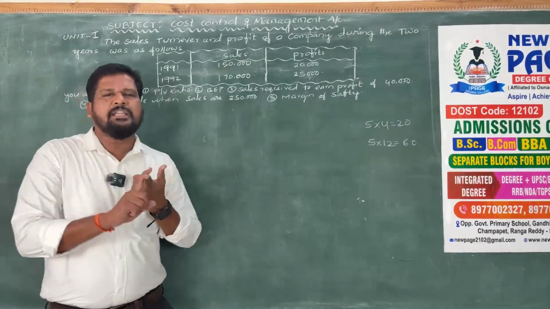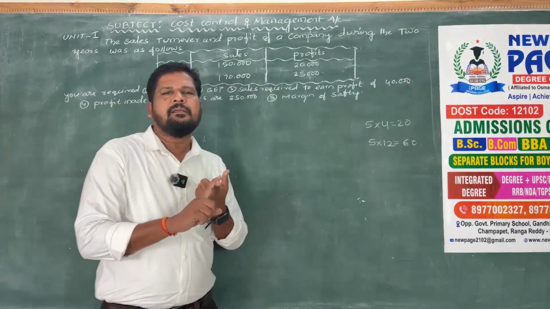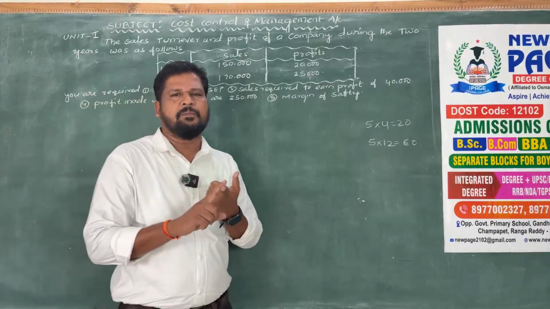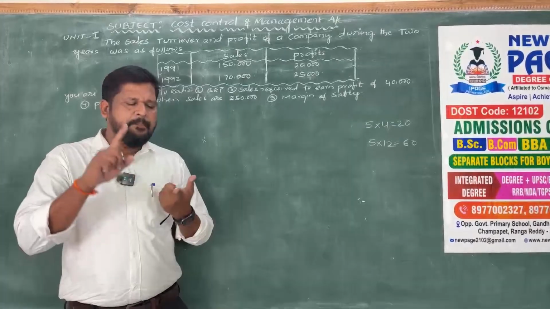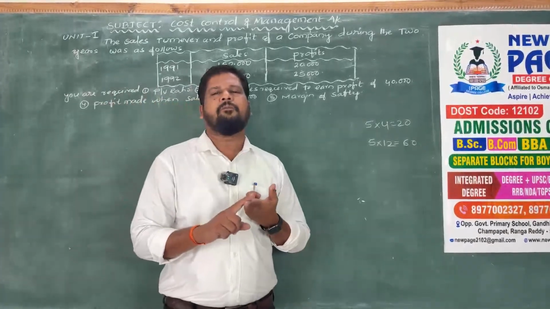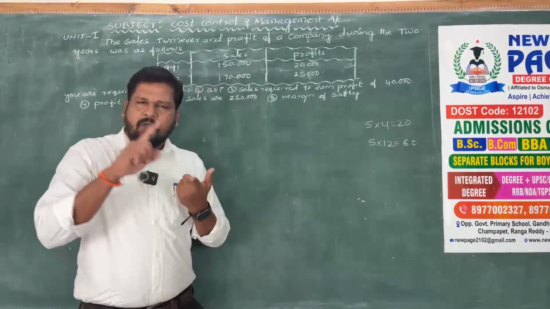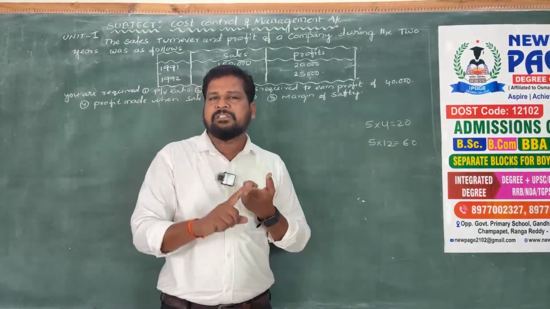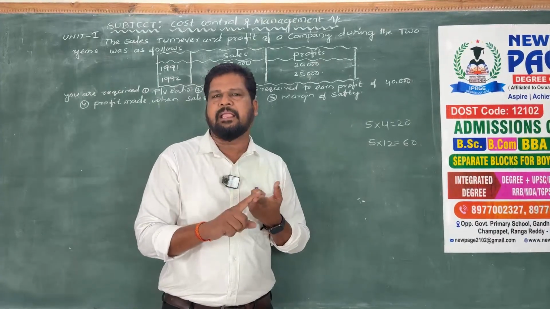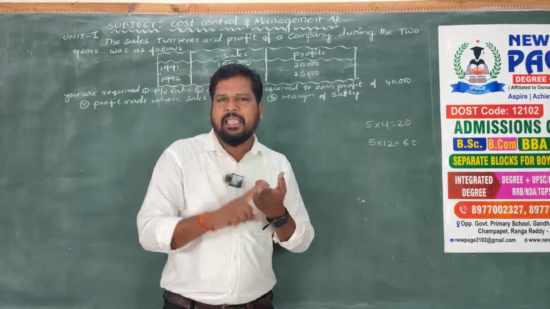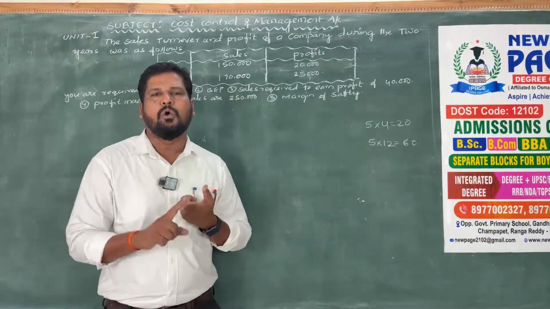First question is define management accounting and explain functions and objectives. Simple question. What is management accounting? Management accounting is a process of identifying, measuring, interpreting and communicating business information to the management for planning and decision making and to achieve the business goals.